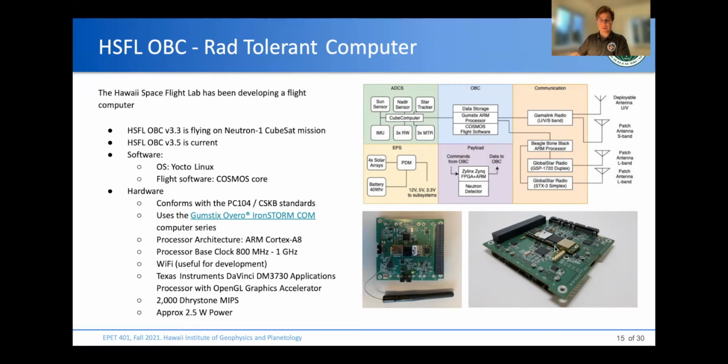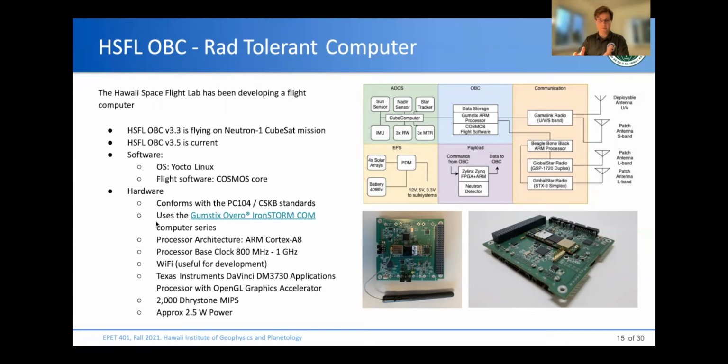And here's a couple pictures of the computer. We use the Yocto Linux distribution. Yocto is a tool or framework that allows you to build Linux from scratch. And then for flight software, we're using the COSMOS core libraries. And then in terms of hardware, we conform to the PC104 standard.